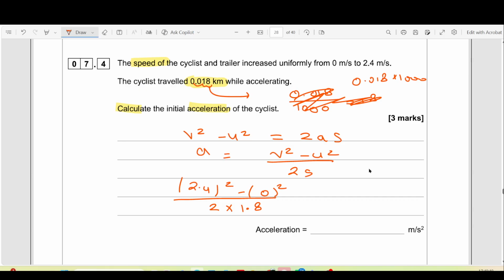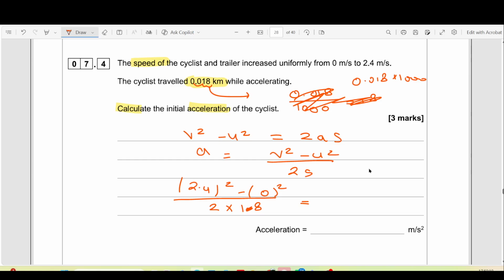So 2 times 2.4 times 18 equals 86.4. So final velocity minus initial velocity is equal to 86.4.